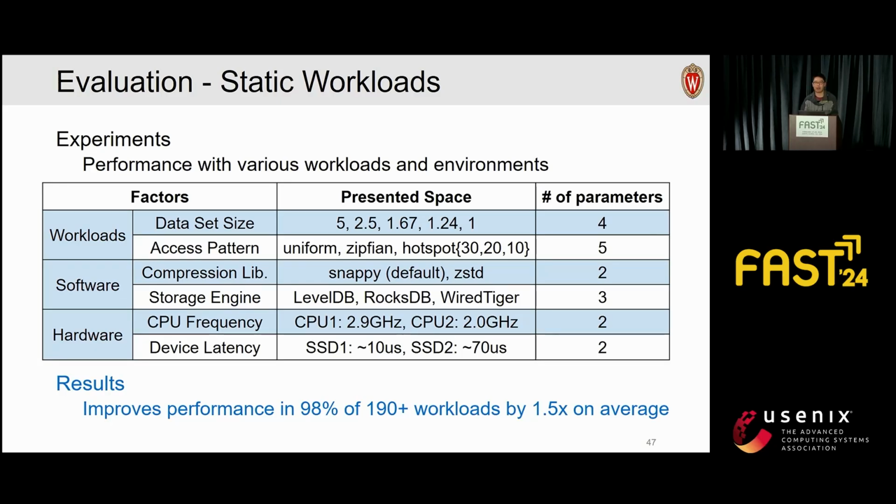We integrate Symbiosis in 3 production systems and run over 190 workloads with different dataset sizes, access patterns, compression algorithms, and hardware. Symbiosis performs better or equal to the best static configuration in 98% of the workloads, with an average gain of 1.5x over each static configuration.